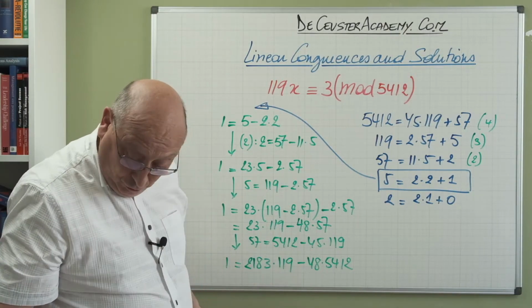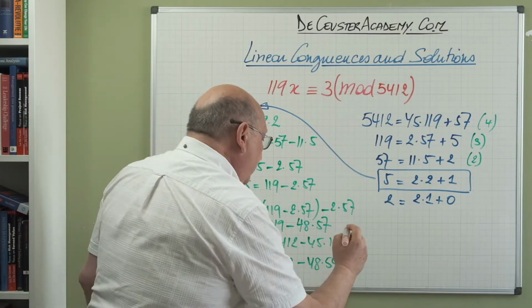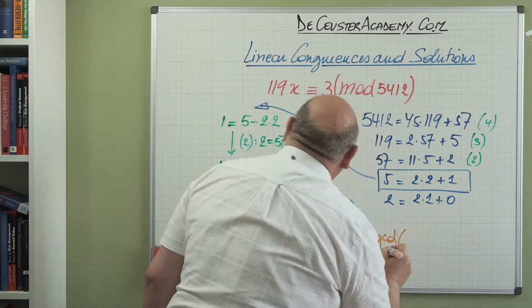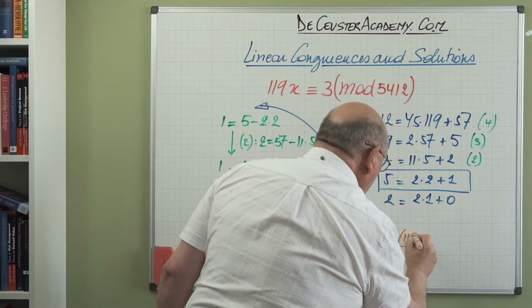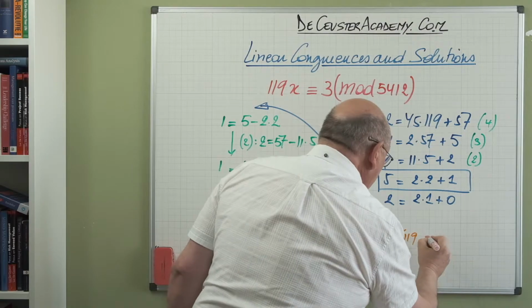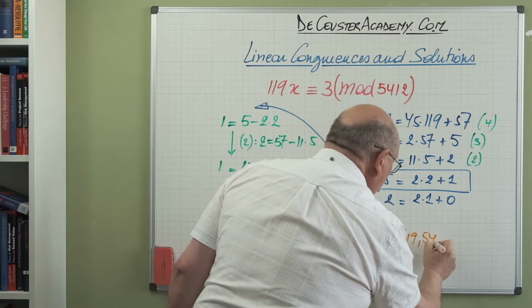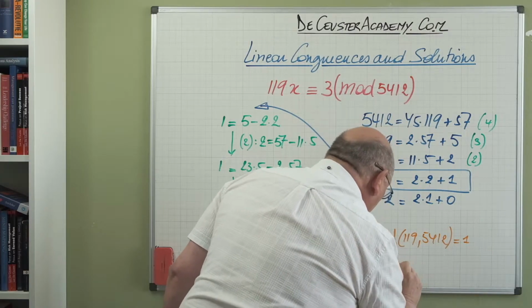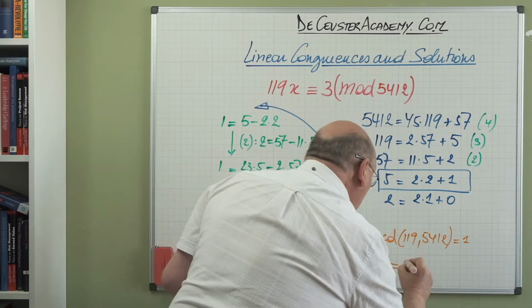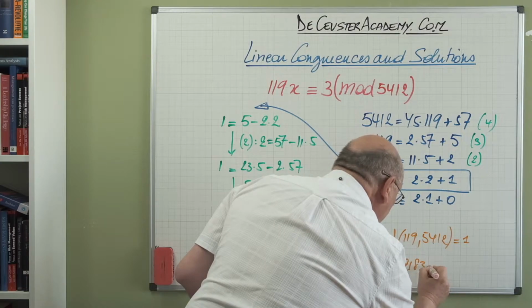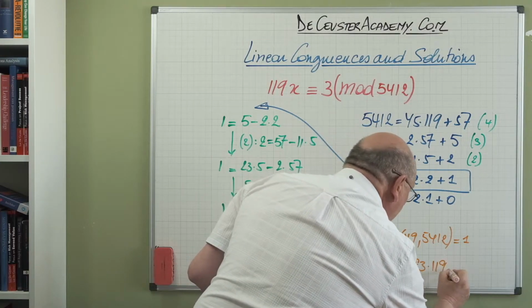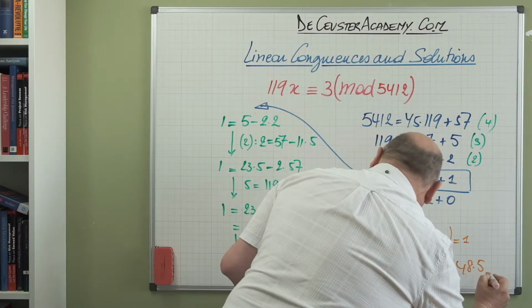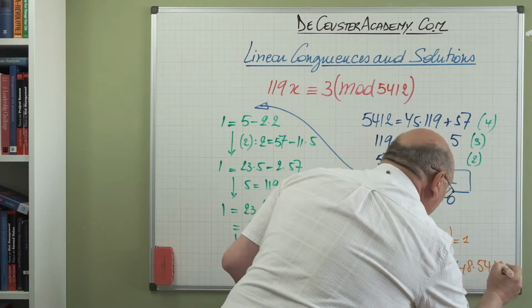What we can conclude from this is that the GCD of 119 and 5412 equals 1, and this is equal to 2183 times 119 minus 48 times 5412.